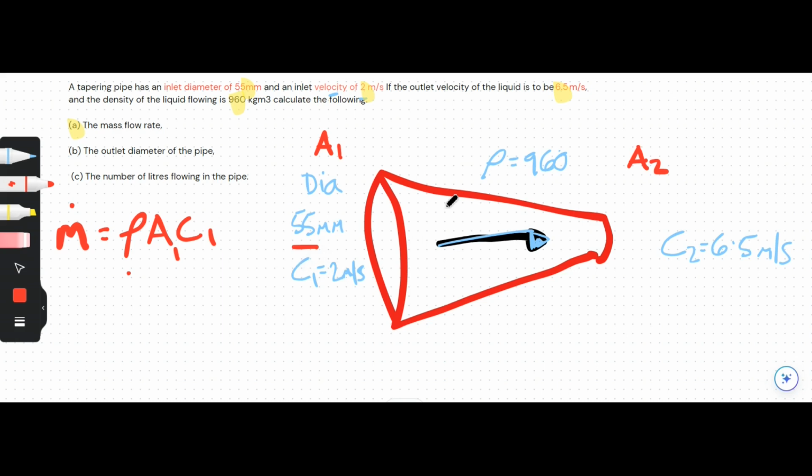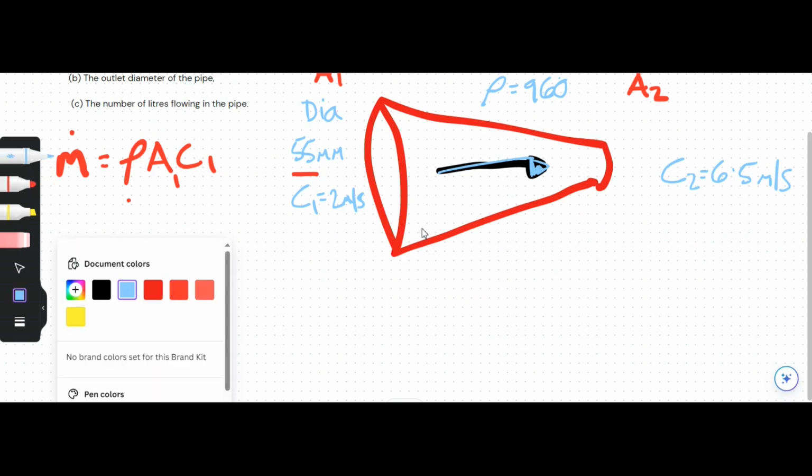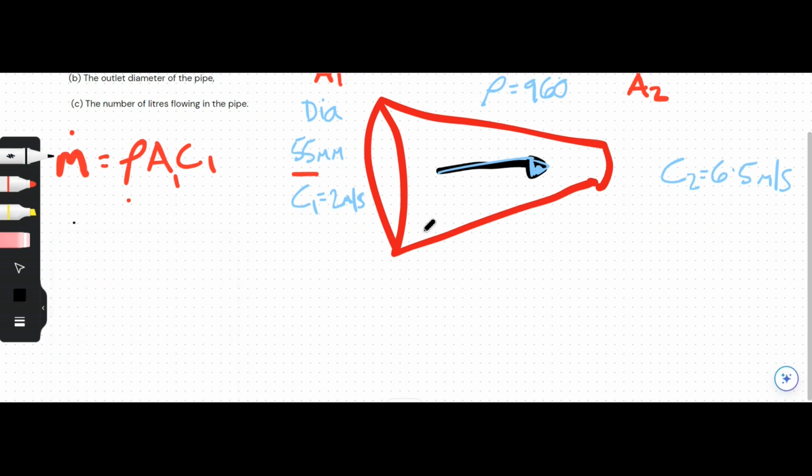So part A, the mass flow rate, M dot, is going to be density, which we know is 960, A1, which we'll work out in a bit, times C1, which is 2. So we need to find A1 first.